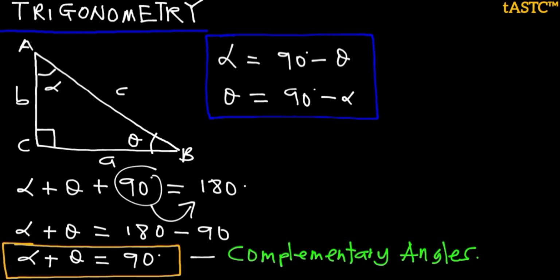So that is basically the form. Now in that case, if you took this away from the 90, that should give you the remaining part of that 90, which is the alpha. And if you took alpha away from 90, that will leave you with what is on this other side. So theta is the same thing as 90 minus alpha, and alpha could also be written in terms of theta. So that will be 90 minus theta.